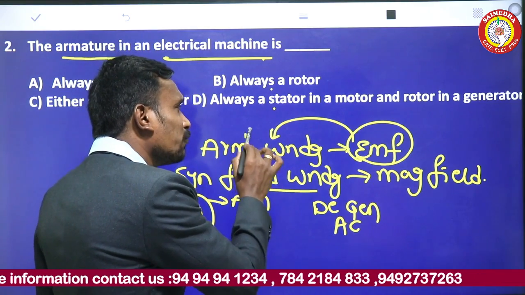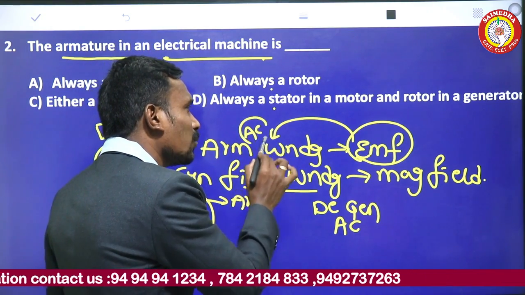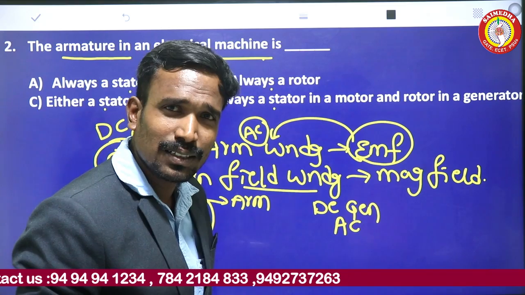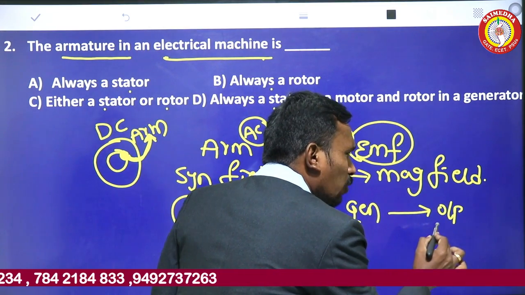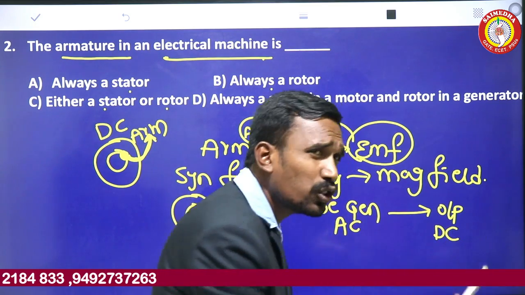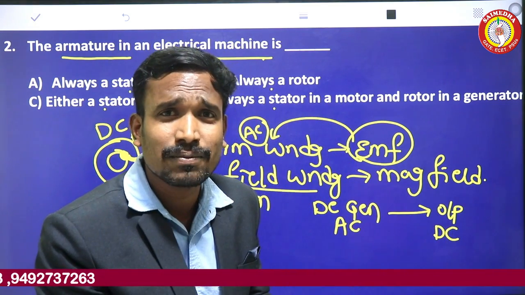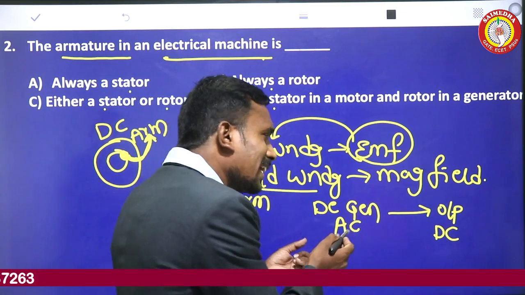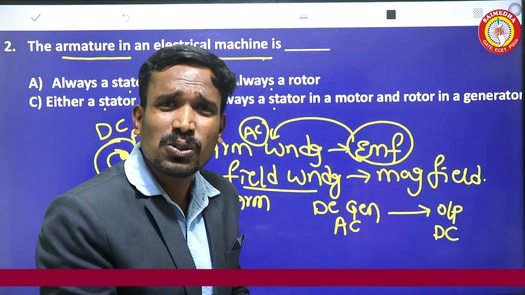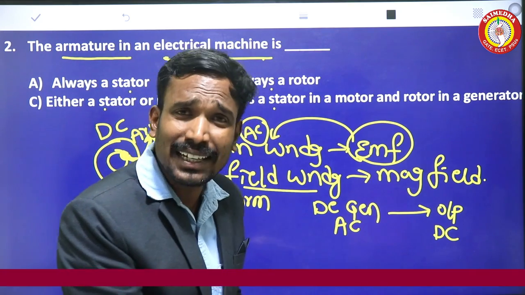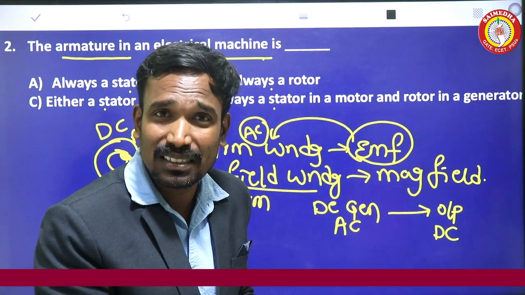The EMF produced in the armature winding is AC. But what is the output of a DC generator? The output should be DC. Of course, the generated EMF is AC, but the output is DC. How? Commutation happens.